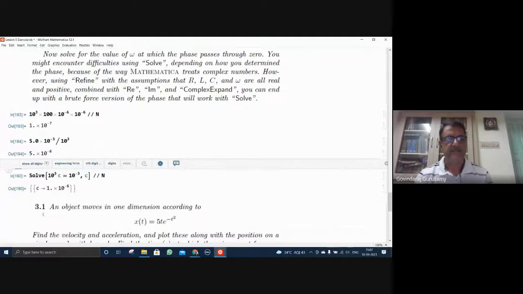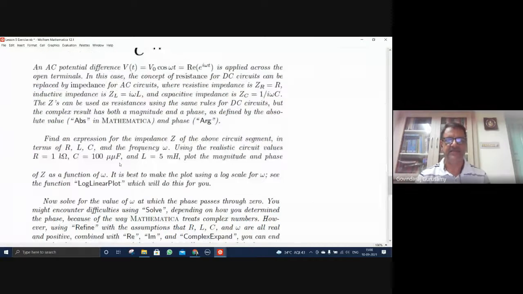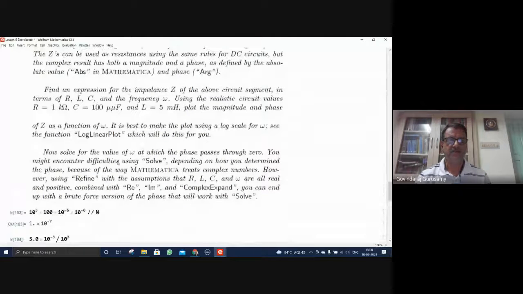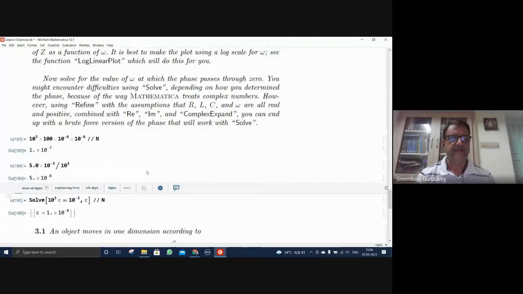So there is another time constant, which is 5 microsecond. And I have another time constant, which is 10 power minus 3 seconds. Those are two time constants. There is one more, L and C, which gives a frequency. What is that time constant?